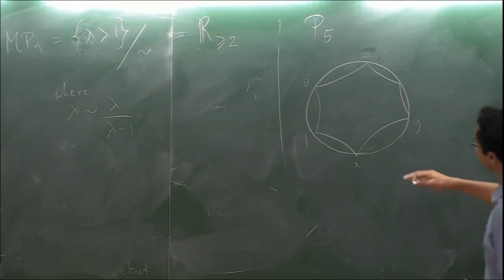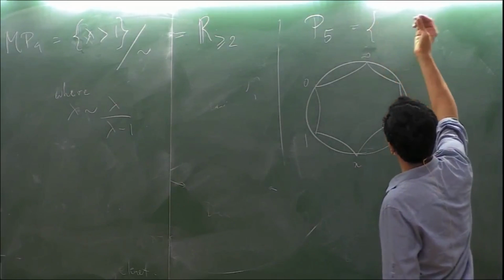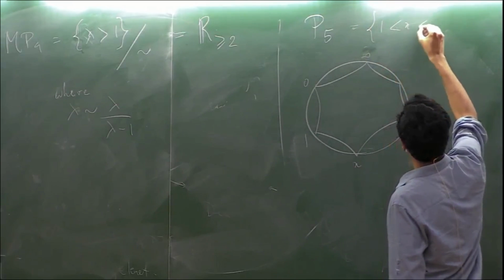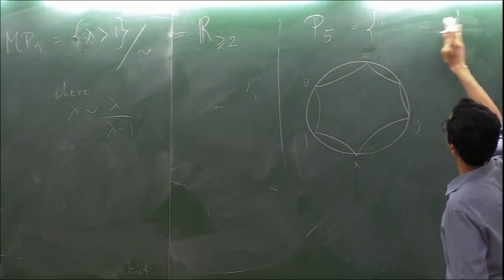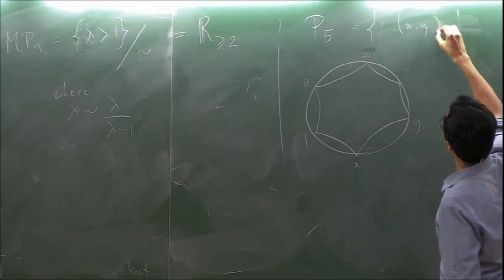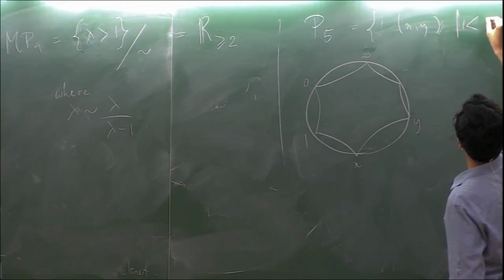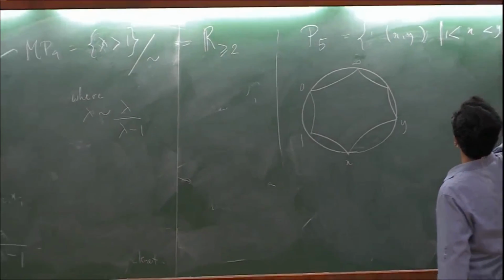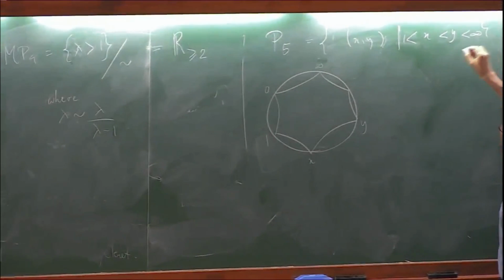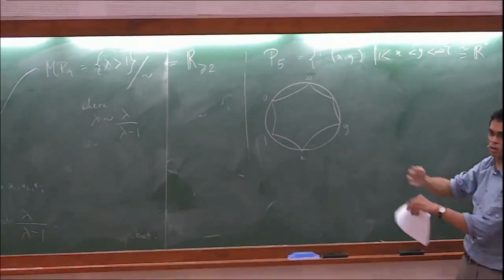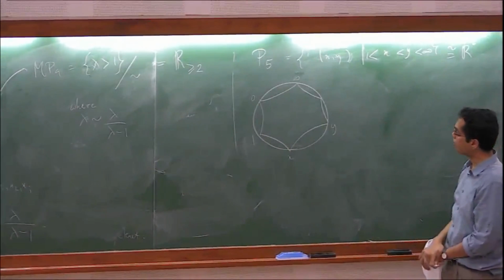So this as a set is described by these pairs of points, x and y, so that 1 is less than x less than y. As I said, this is homeomorphic to R2. It's an open domain.